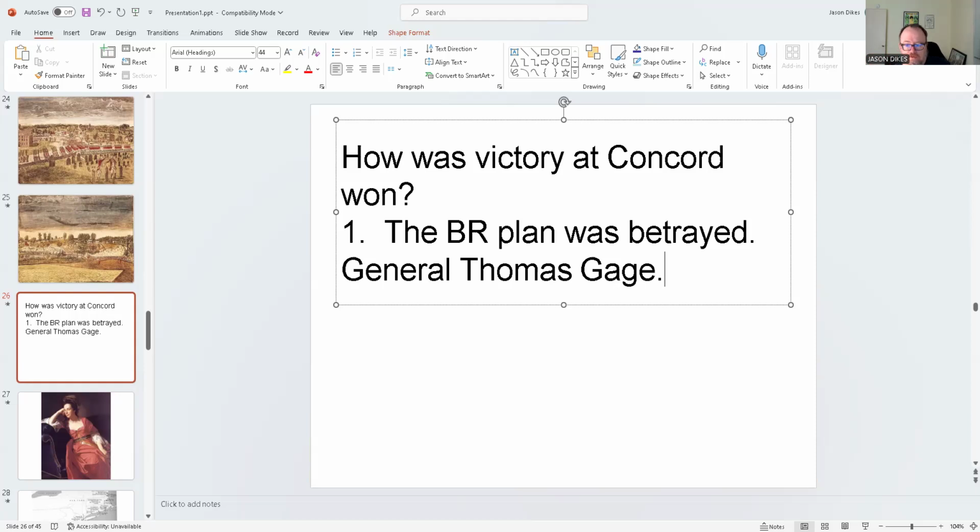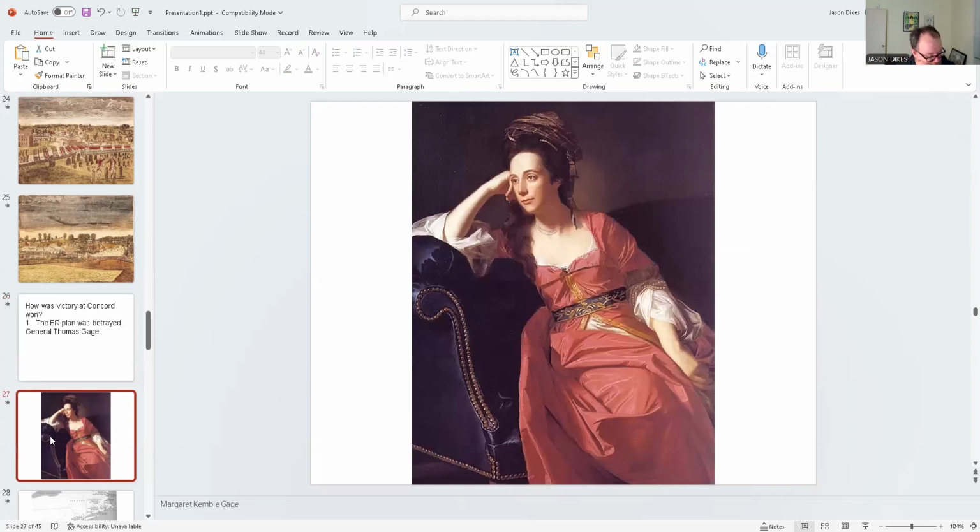The general thought today is that his American-born wife, Margaret Gage, betrayed her husband. There's no proof, but there's really nobody else who would have known 8 hours before the British even left Boston where the hell they were going.